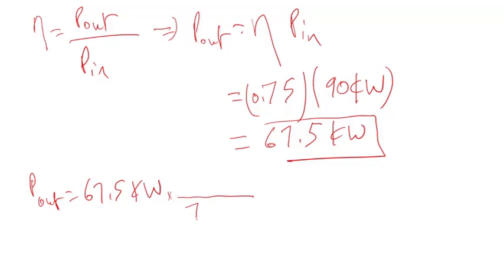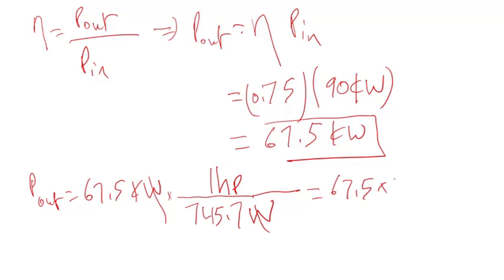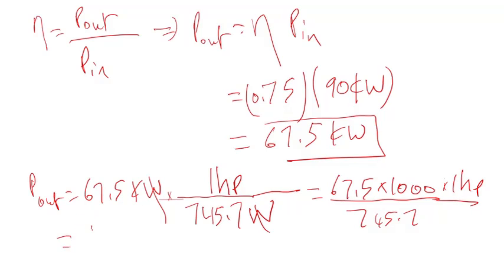I know 745.7 watt is equivalent to 1 horsepower. So the watt will go away, and I end up with 67.5 times kilo, which is 1,000, divided by 745.7 times 1 horsepower. So if you carry out the calculation, you get 90.52 horsepower.